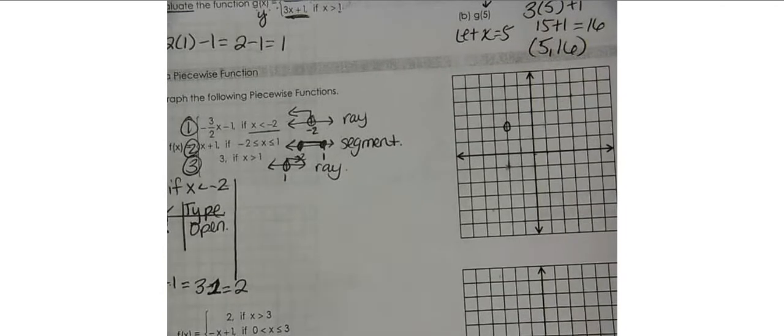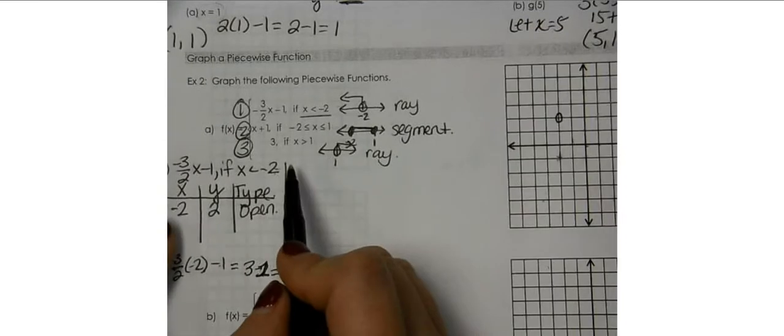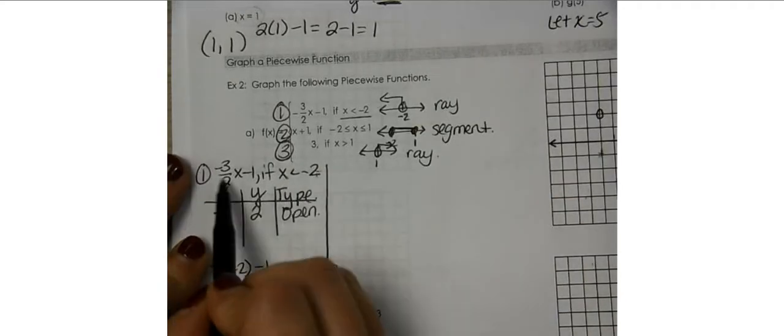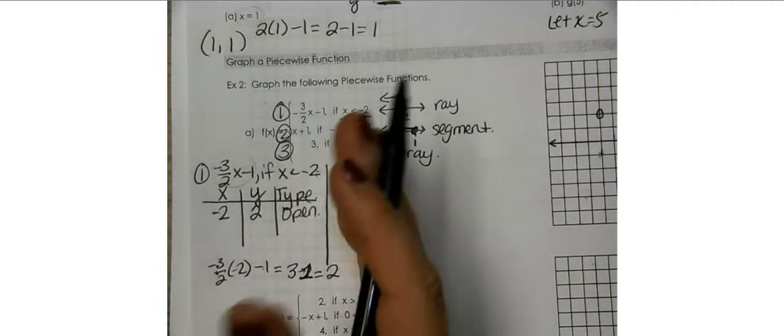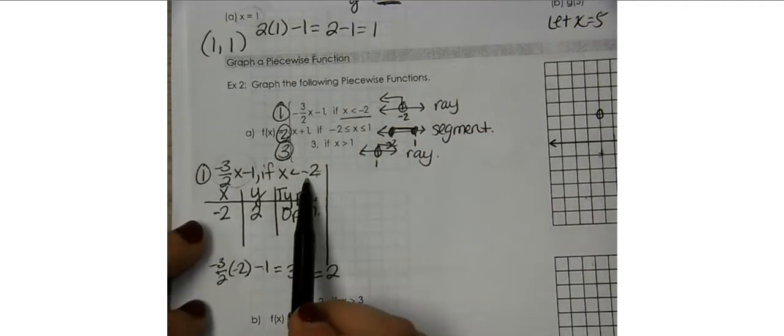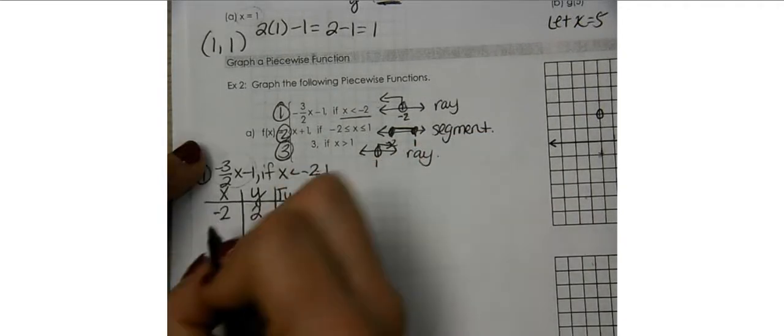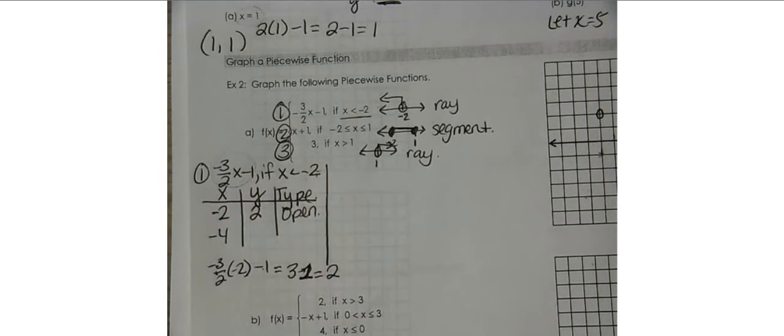So my next x value is going to be an x value that is smaller than negative 2. Now, because our slope is a fraction, I would recommend choosing a value that's smaller than negative 2, that's a multiple of our denominator, like the number negative 4. That way you end up with nicer numbers to work with. You're more than welcome to work with negative 3, but you're going to end up with a fraction.